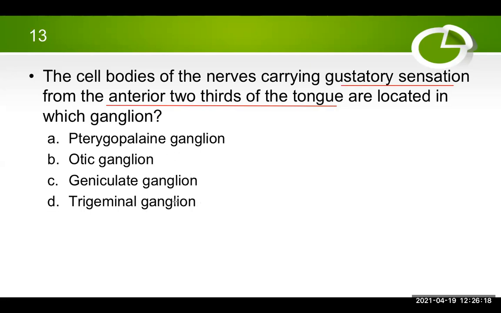Having said that, some of the facial nerve may be connected here also, but according to the question given, the geniculate ganglion looks the most likely answer here. Pterygopalatine is especially connected with lacrimal function, meaning the tears or the nasal one. These are the pterygopalatine ganglion connections. Okay, let's move further.